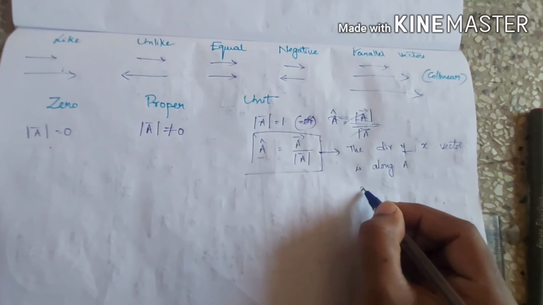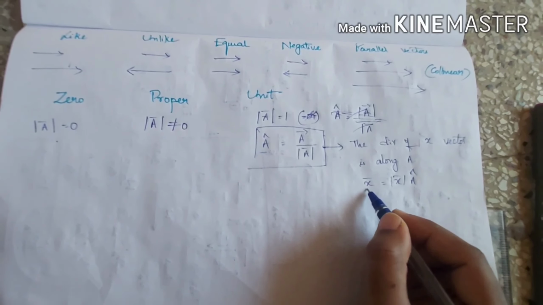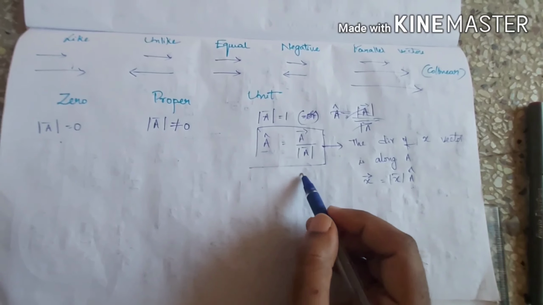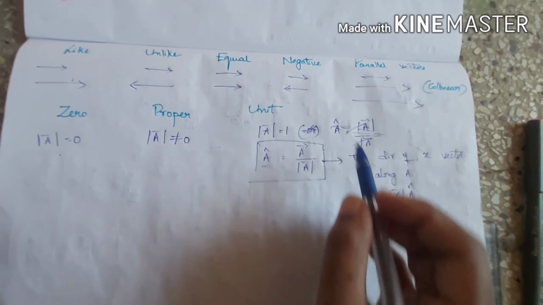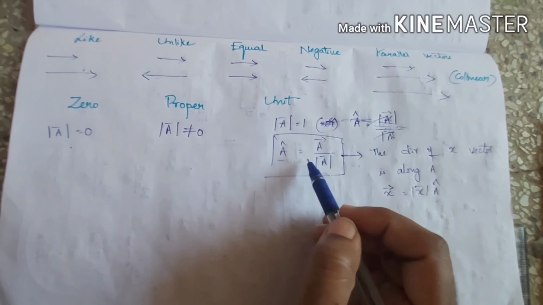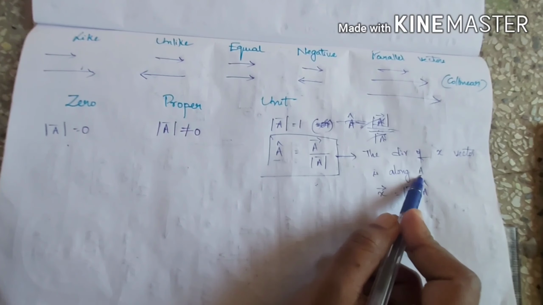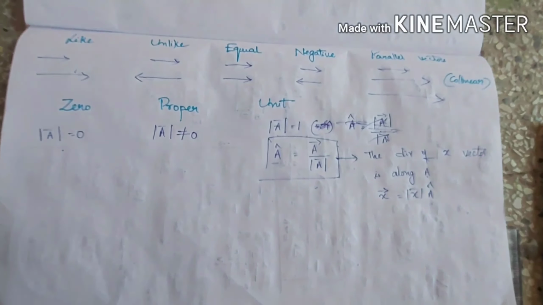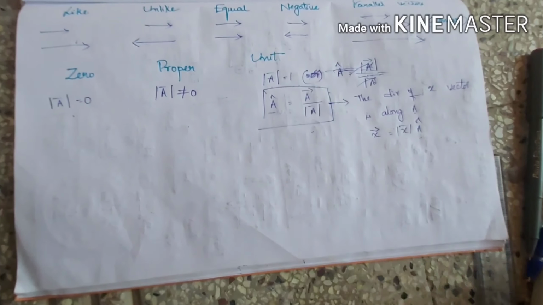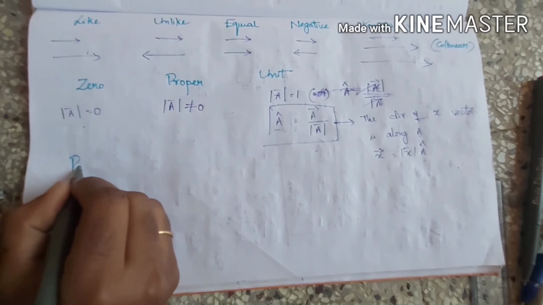So if I am writing x bar is equal to x into A cap, it means the direction of x vector is along A. So A cap is equal to A bar by mod A. This alone is used to represent the direction of some other vector. Whereas mod A equals 1, if the magnitude of the vector itself is 1, then we call that a unit vector. Then you have point vector, then you have position vector.